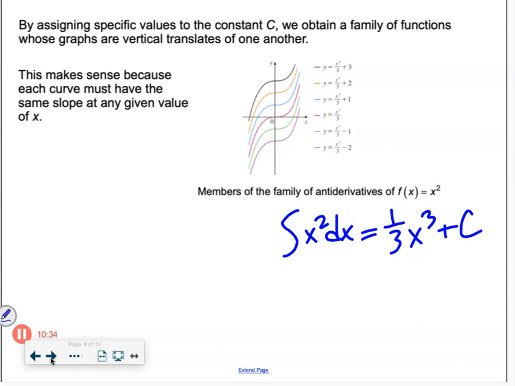Like, here's 1/3 x cubed plus 0, 1/3 x cubed plus 1, 1/3 x cubed plus 2, right? It's kind of showing what the antiderivative looks like for a bunch of different values of c. So you can see, in general, what the antiderivative gives you. So remember the plus c is just a vertical shift up and down, right? So it's really just the same function shifted up and down.